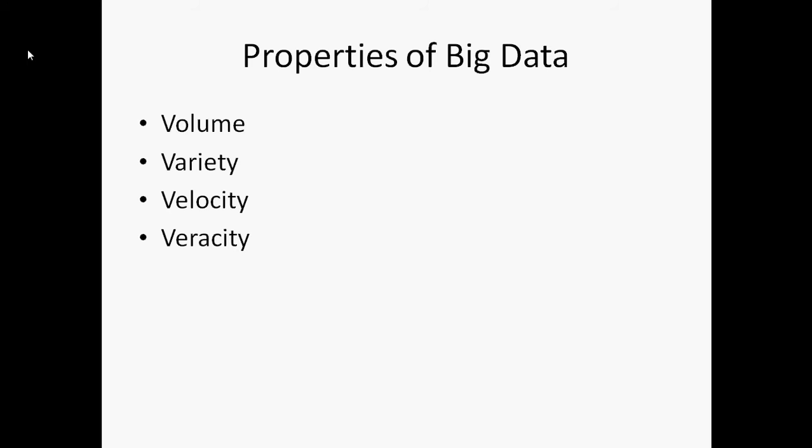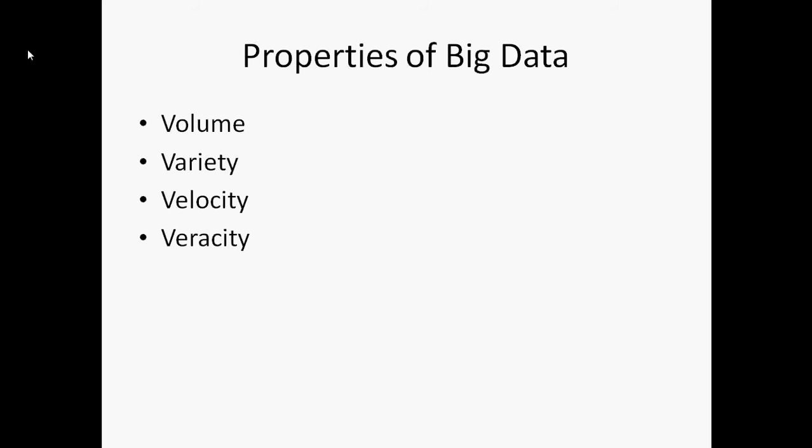The next property is variety. If we think of the data that was in place 10, 15, 20 years back, 99% of the time it was text data, which you can categorize into an RDBMS table, or an Excel or some tabular format.